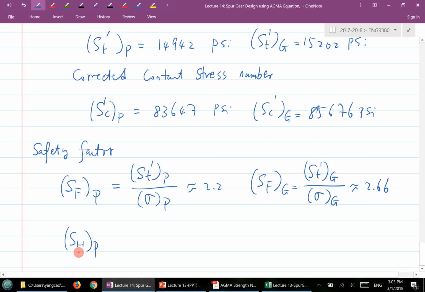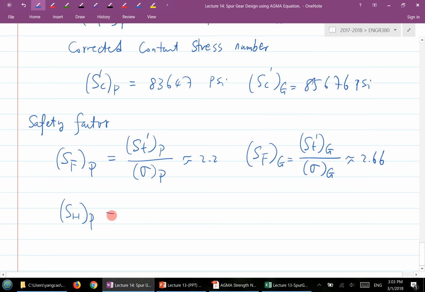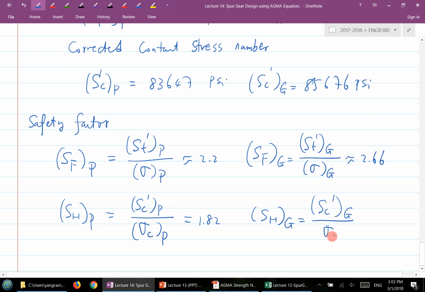And finally SH. So SH is another safety factor. This is the safety factor symbol we use for contact stress calculation. Okay. So this is SC prime for the pinion over sigma C for the pinion, and this gives us 1.82. And SH for the gear, which is SC prime for the gear over sigma C for the gear, 1.86.